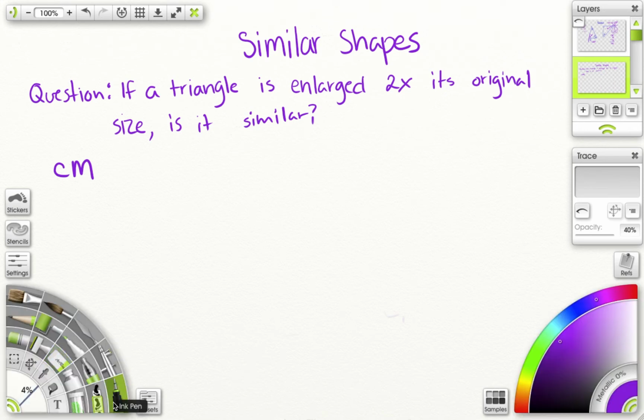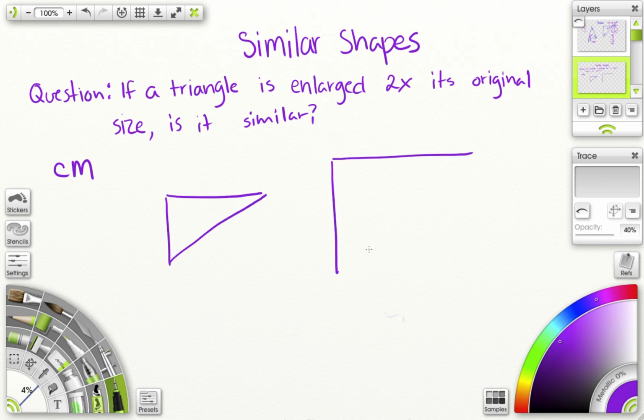I have these two triangles right here, 1 and 2, and we have 15, 18, 9, we have 6, we have 10, and we have 12.